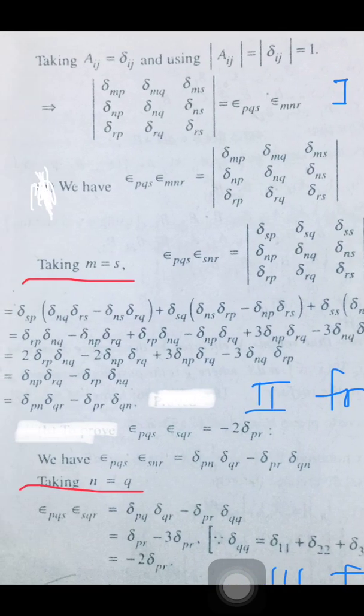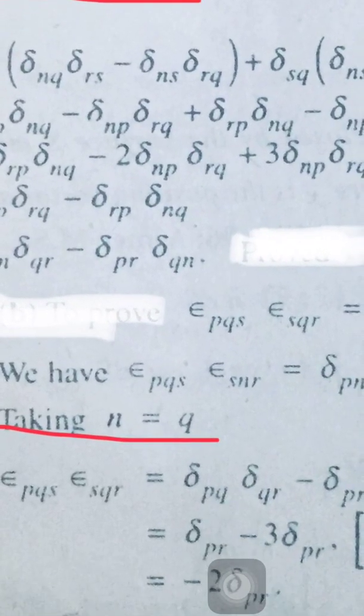Okay, what we are doing here, one contraction we have already seen in M and S. Now we use one more contraction in N and Q. So after taking N equals to Q, we have taken two contractions, or two indices are equal. So we get epsilon PQS, epsilon SQR. So here S and Q are the same, P and R are different.